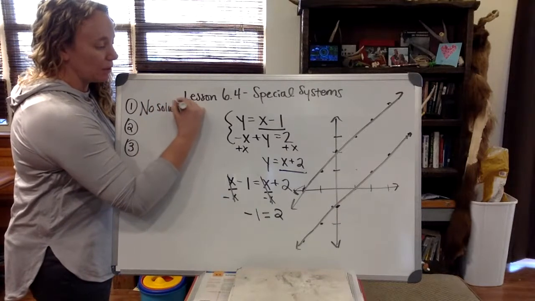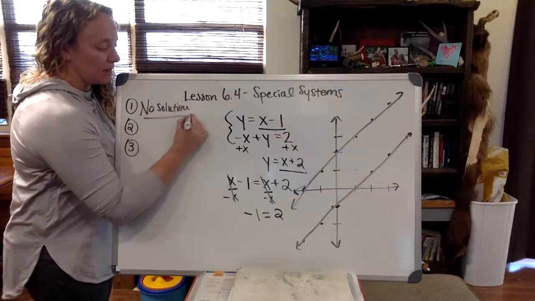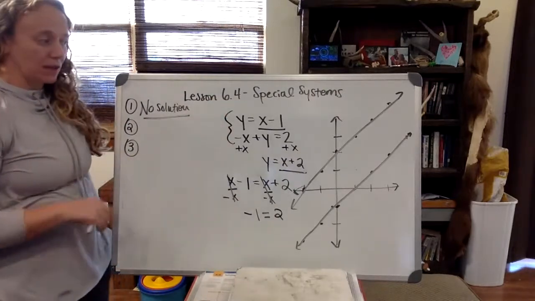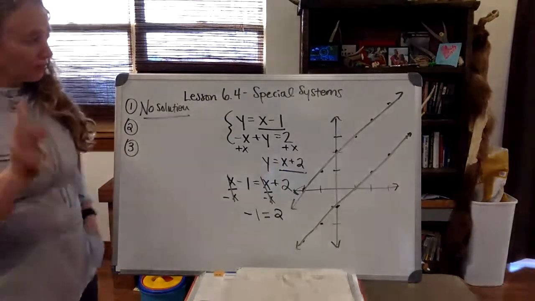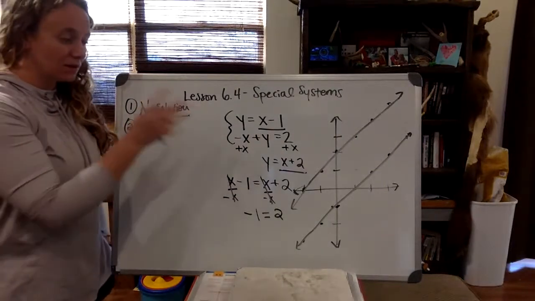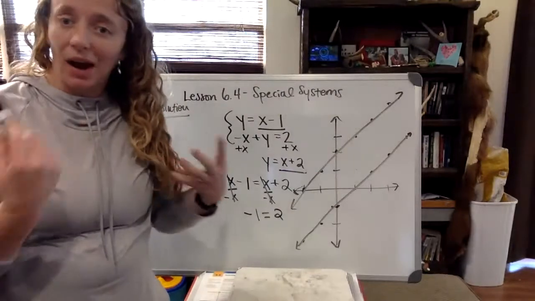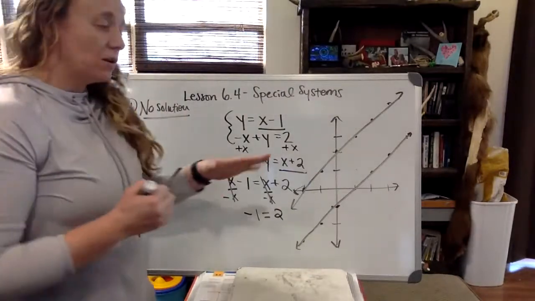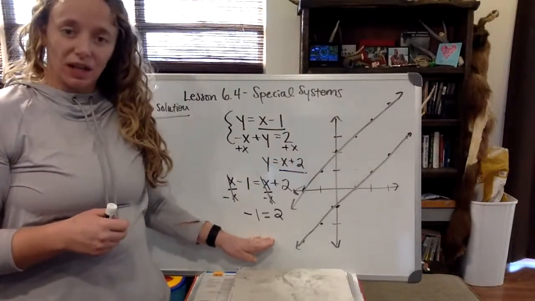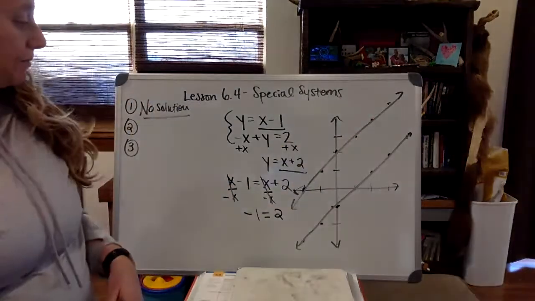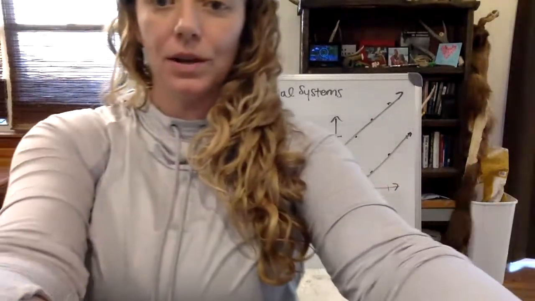These no solution systems are essentially parallel lines; it's never going to work out. When you're solving special systems, use elimination, graphing, or substitution. Figure out whether you get an answer like this, or two lines that never intersect. Are they parallel? Then you are good to go.